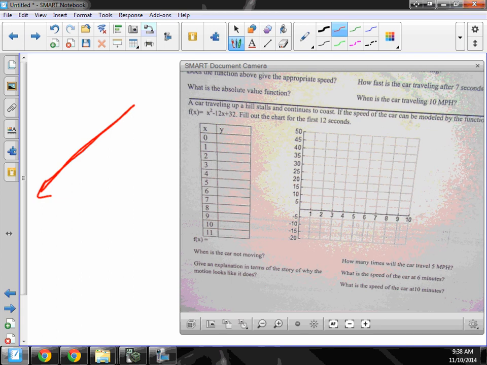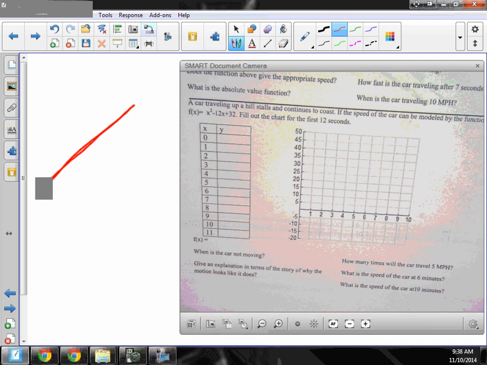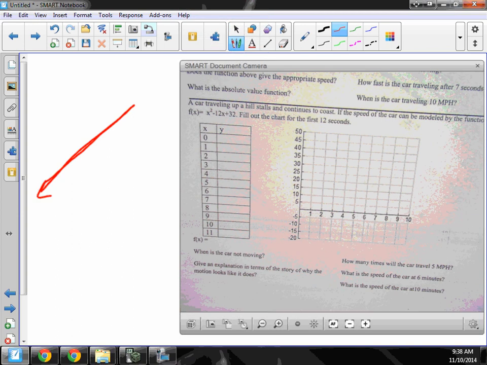What do you call speed and direction? Those of you who are in physics, it's called velocity. So speed is a positive number and it has no reference to direction. So if I'm walking 2 miles an hour forward and I stop and I go backward at the same speed, I'm still traveling 2 miles an hour even though I'm facing the wrong direction.